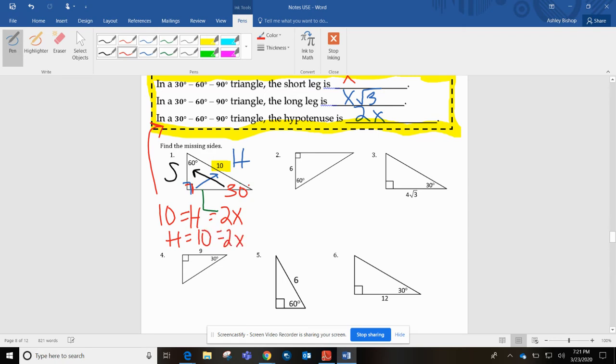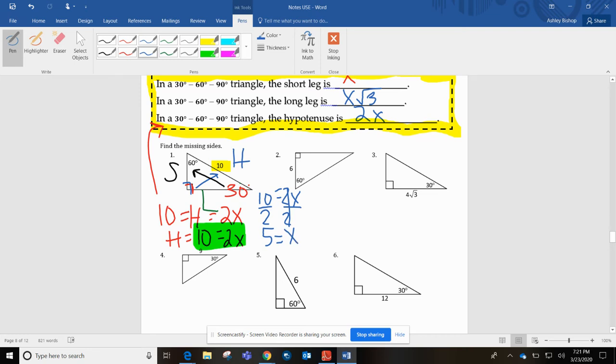What we're going to do is set these two things equal to each other. So I have 10 equals 2x. And then I need to solve for x. The goal here is to find the missing side, and I can do that if I figure out what x is. In order to get x by itself, I need to divide both sides by 2. That goes away so that I have 5 equals x.